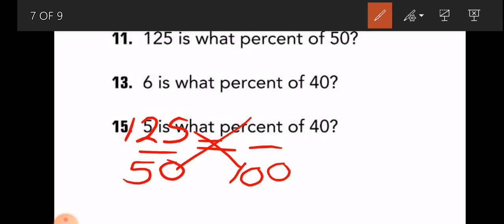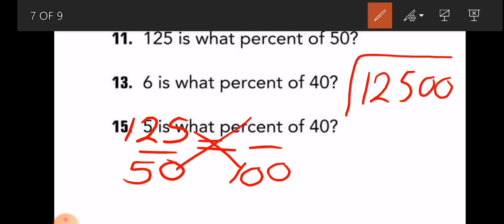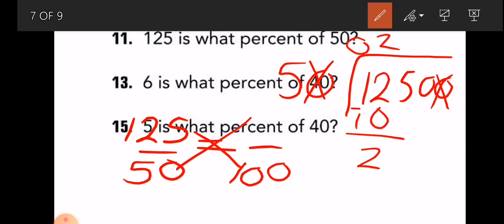So 125 multiplied by 100 will give what? 1, 2, 5 and put the 2 zeros. Divide by 50. How can I divide by 50? Cross 0 with 0. Then 1 divided by 5 cannot. 12 divided by 5 is 2, will give you 10. Subtract, it is 2. Put down the 5.